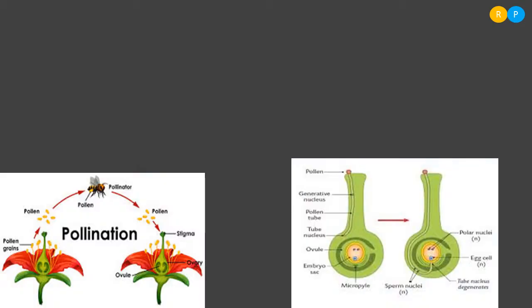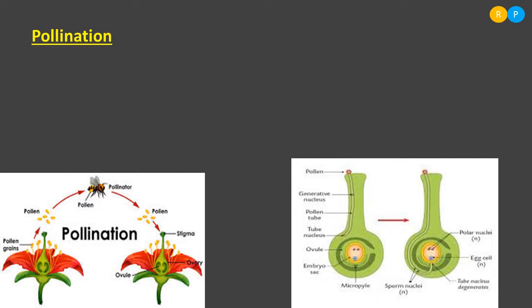So what is the next process that takes place in the angiosperm? We have already studied that pollen grain formation takes place in the male sex organ and female gamete formation takes place in the female sex organ. So the further process is pollination. That means the transfer of pollen grain needs to take place towards the female sex organ.